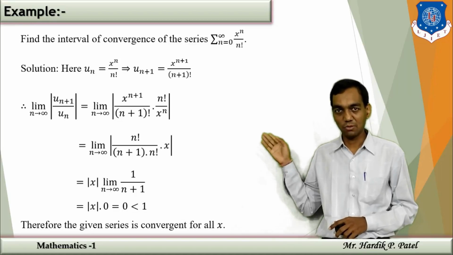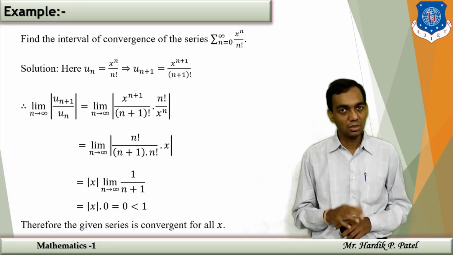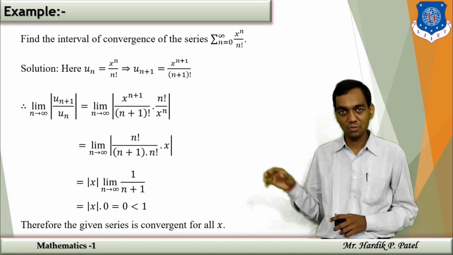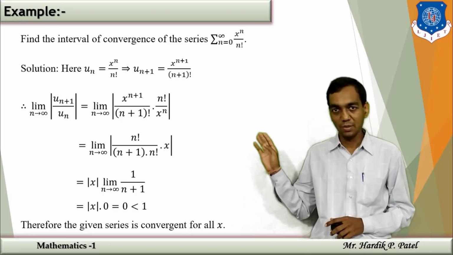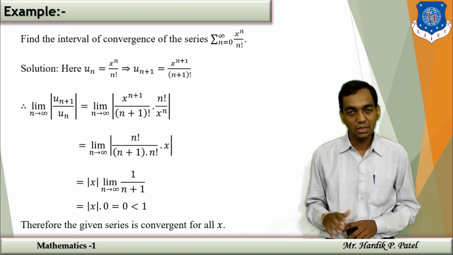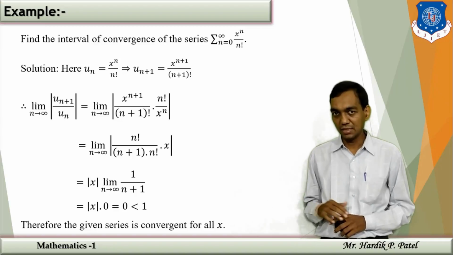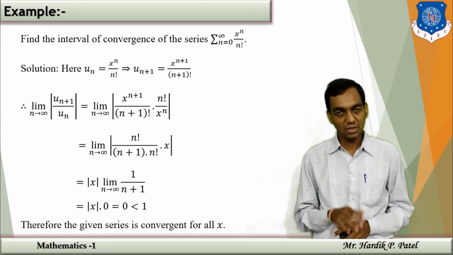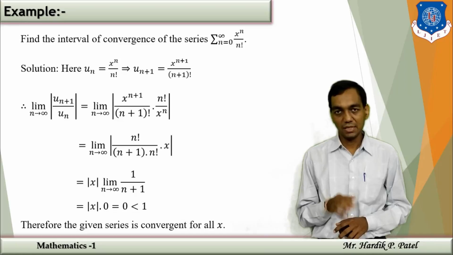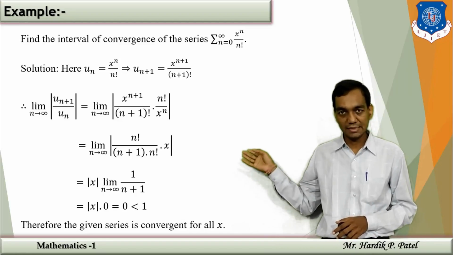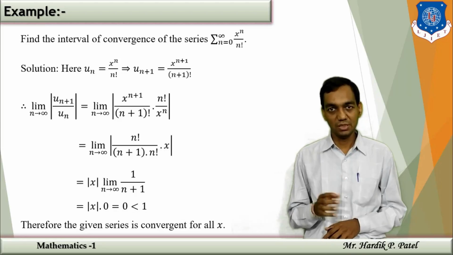Now x is constant with respect to the limit, so we take mod x common, and we have the limit as n tends to infinity of 1 upon n+1. As n tends to infinity, 1 upon n+1 tends to 0, and that will give you mod x into 0, that will be 0.